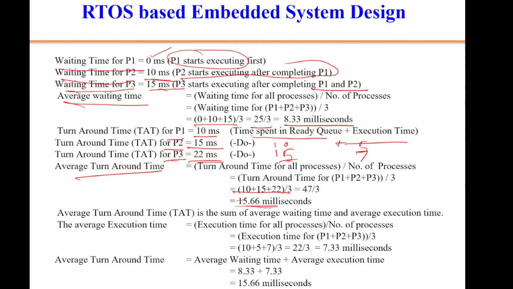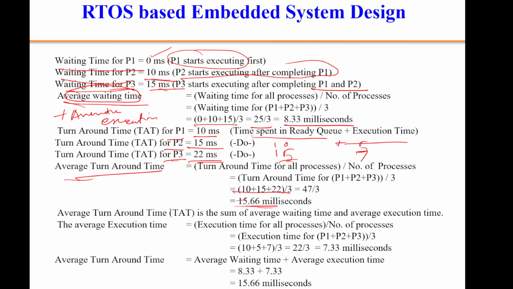As we can see here, the average turnaround time we can calculate by taking average waiting time plus average execution time. Why? Because turnaround time is nothing but the waiting time in the ready queue plus execution time.